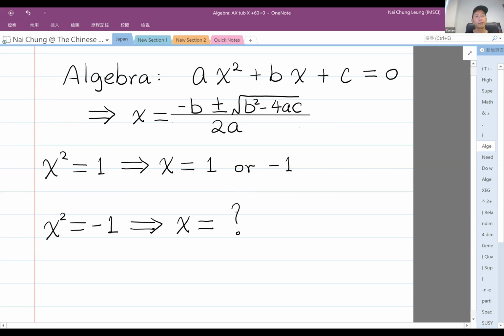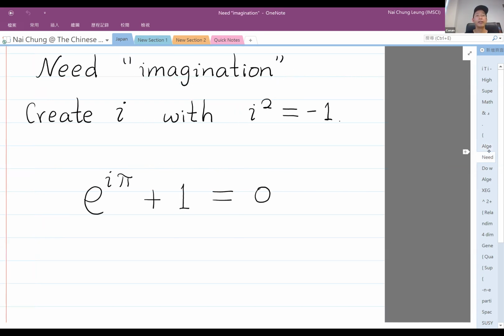So what do you do? That's why you need some imagination and create a number that comes from nowhere. It's not real, that's why it's called an imaginary number. You create it and call it i, so that its square is minus 1, so that the equation can be solved, and therefore the quadratic equation can be solved.